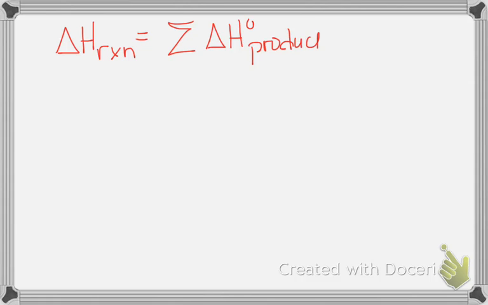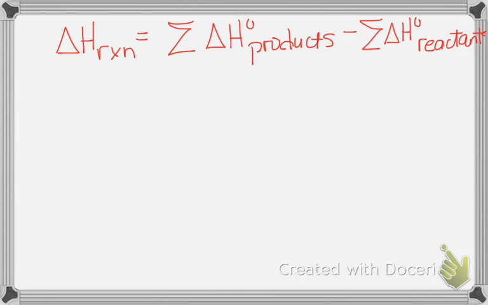The direct method says on your sheet there that it uses the formula that the delta H of the reaction is equal to, what does that little funny E mean? Sigma. What does sigma mean in math? Sigma means sum of.